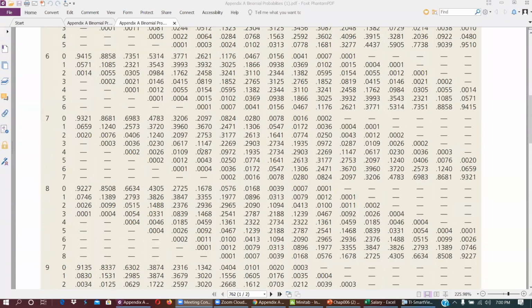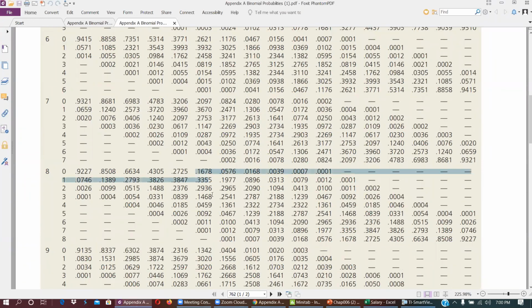Yeah. This is the PDF, exactly the same value we got in our Minitab. 0.167833529, keep looking into this. So if we don't have the calculator or Minitab, the table is useful. So this is a PDF distribution.